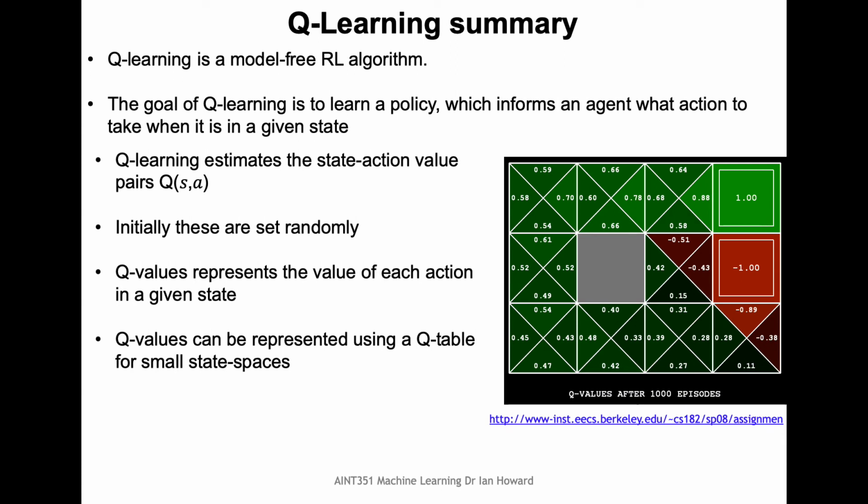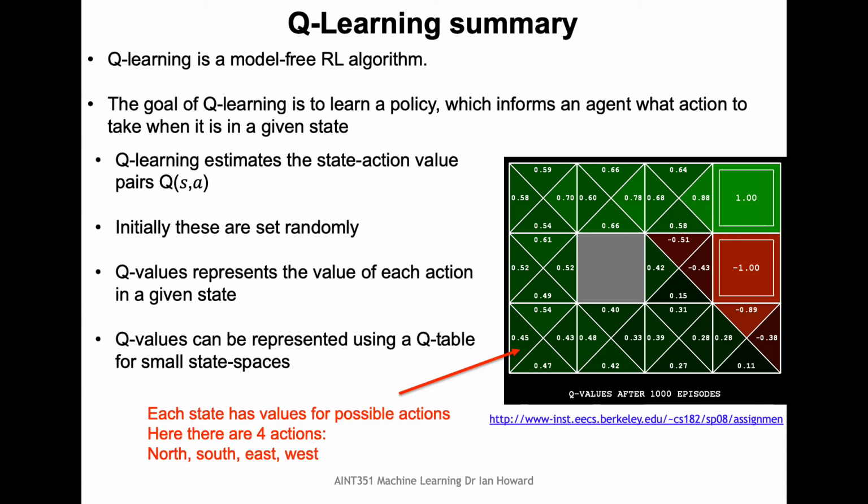When we have very small discrete state spaces, we can actually use a table or a matrix in order to represent the Q values. It might be that when we have really big spaces, we start using functions or neural networks to actually implement these functions. In this particular case, we've got a maze.